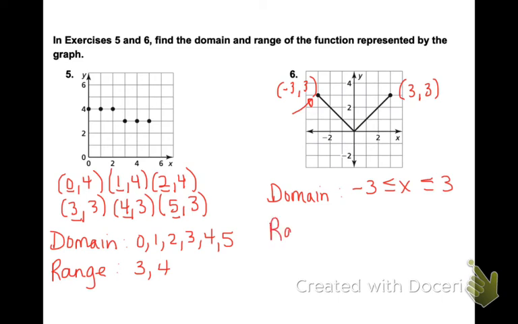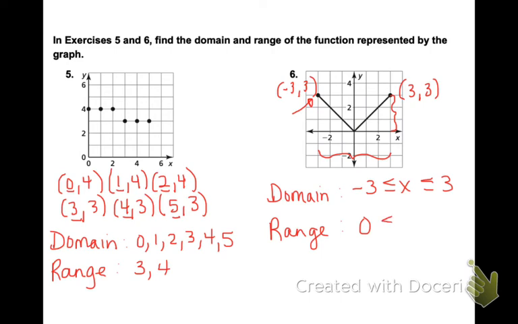Now our range is going to be the range of values on y. And so, you have your x that goes from here. Y, though, goes from here, all right? So the range at this point, at the lowest point, is 0. And because it goes through it, it's included, so it could be equal to 0.